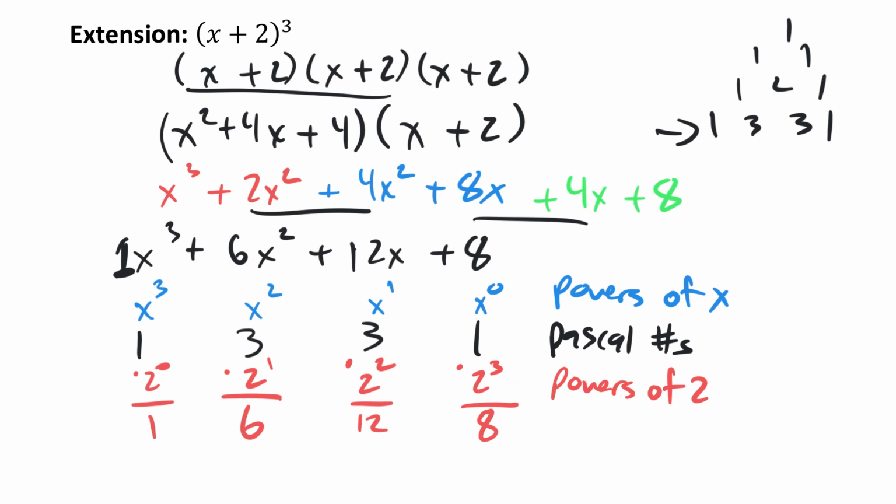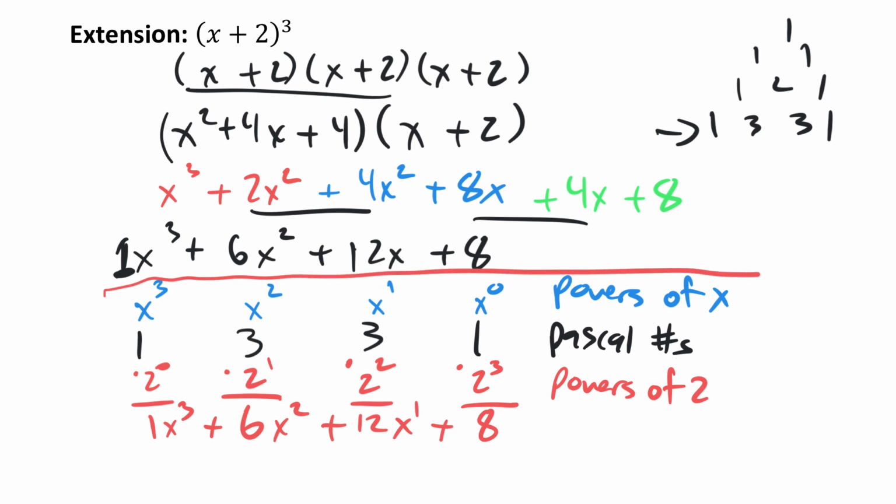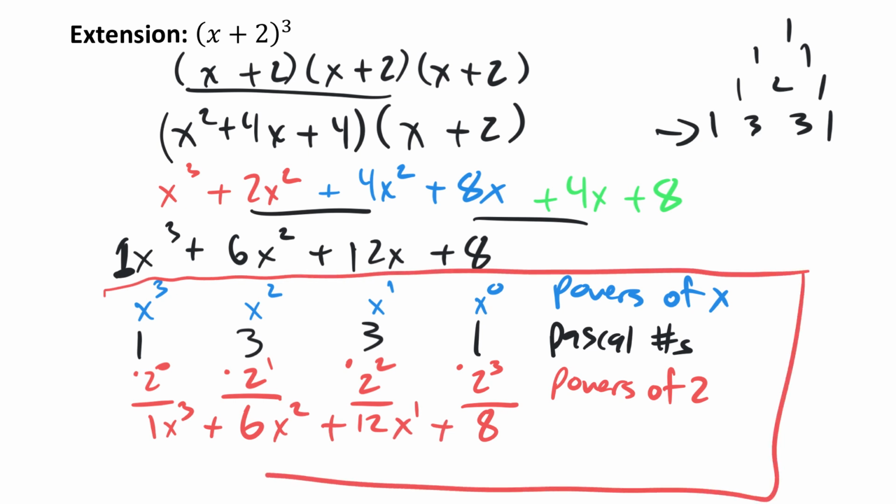And then when you multiply the whole thing, you end up with 1x to the 3, 6x to the 2, 12x to the 1, and 8 as a constant. And that seems to be my answer. If I was to ignore everything up here, and just focus on this, I didn't do any kind of FOIL or expansion or grouping like terms, but I was still able to get the final answer.